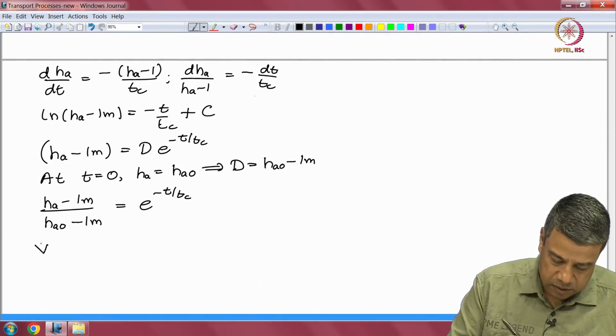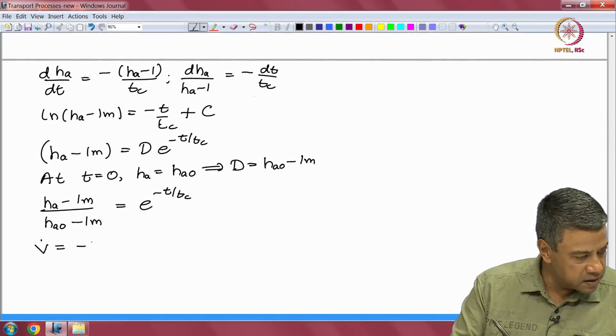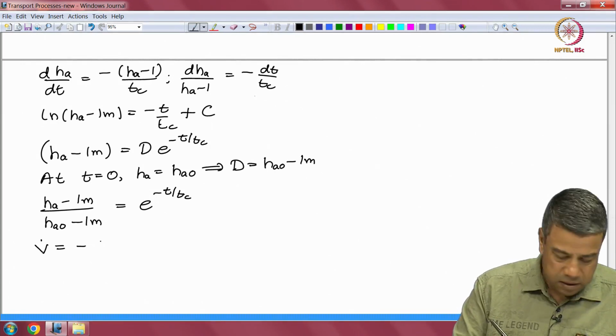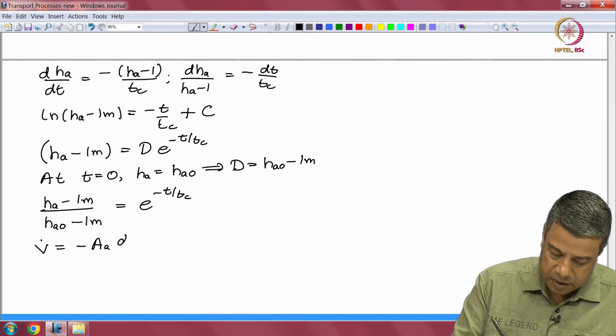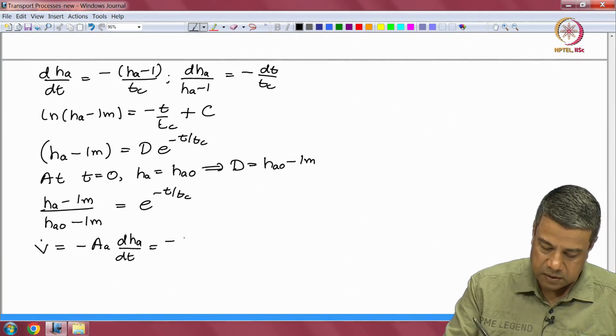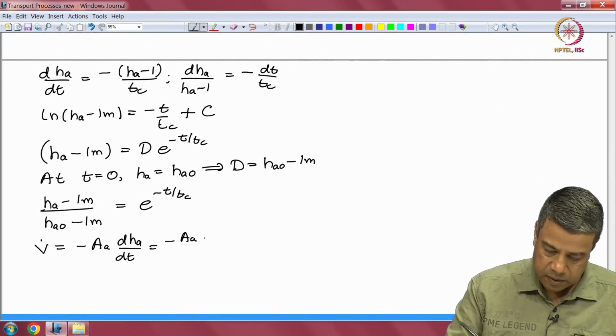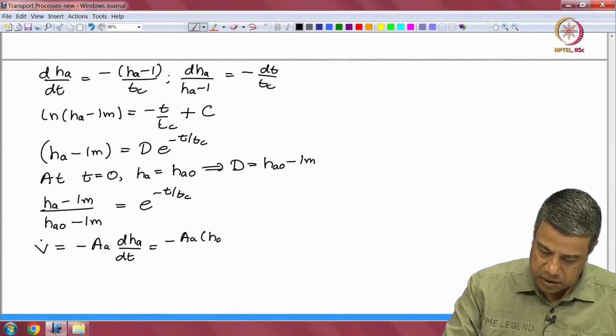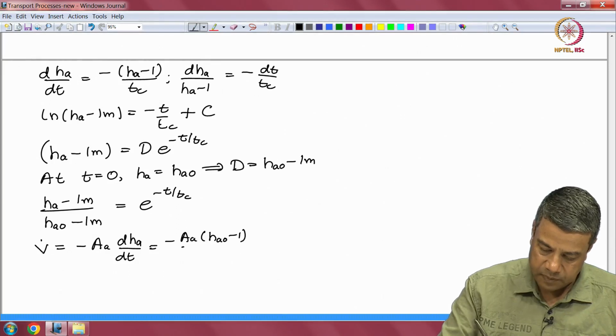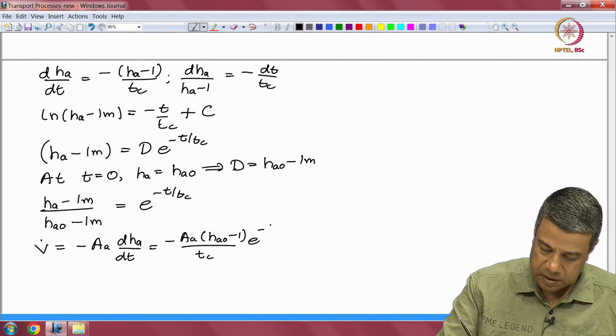V dot is equal to minus AA dHA by dt, which is equal to minus AA into HA naught minus 1 by Tc e power minus t by Tc.